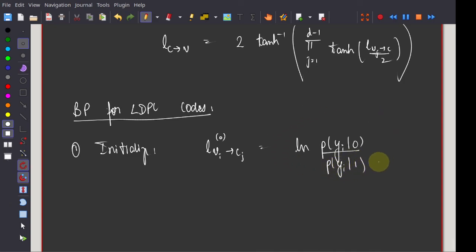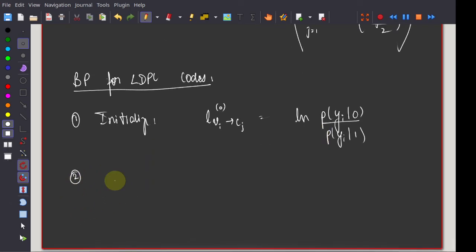Okay, so these are going to be the initial messages. So each variable node is basically going to just broadcast this to all possible check nodes. Then you keep running the following until convergence.